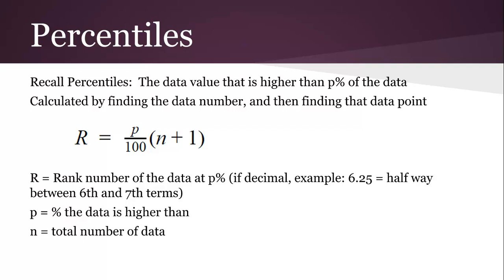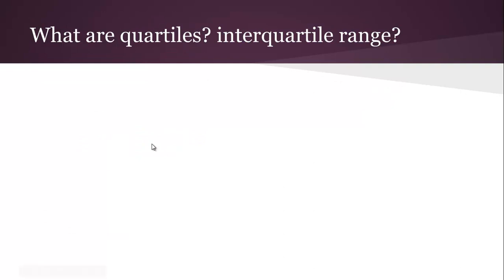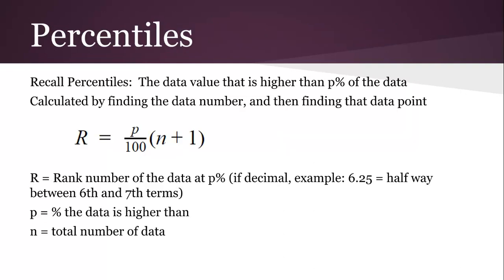P is the percent that you're higher than, so if you're in the 75th percentile, you put 75 over 100. And N is the total number of data values. This doesn't give you the percentile, the percentage; it gives you the rank number. To see how it works, we have to play with it, but this formula tells us what we're looking at.